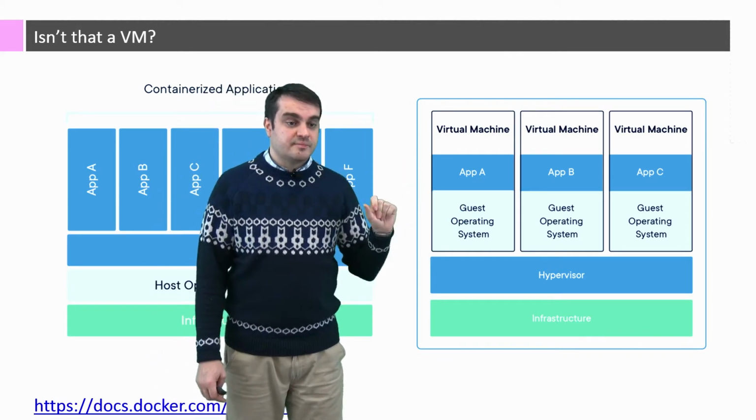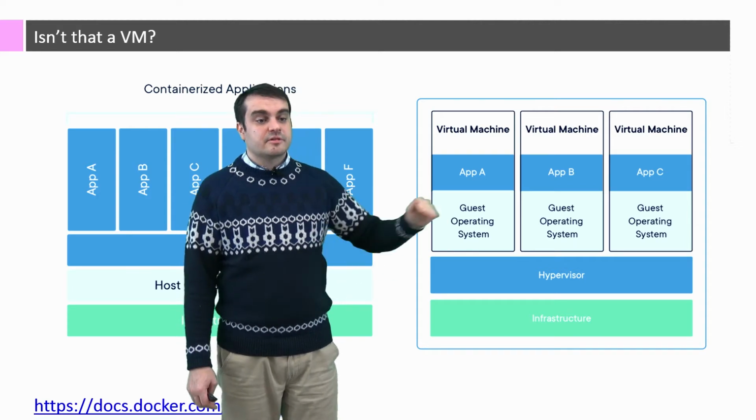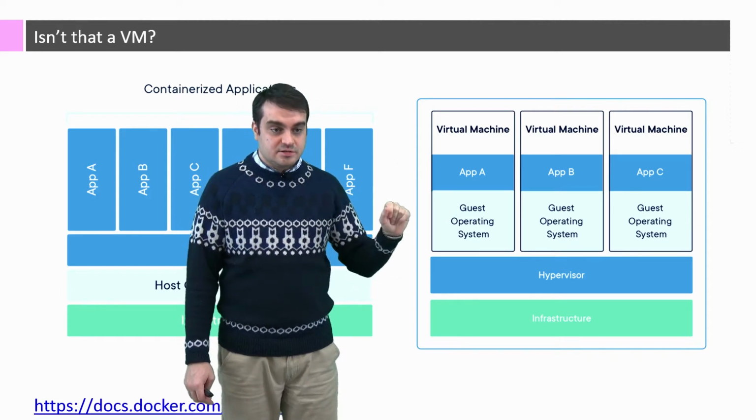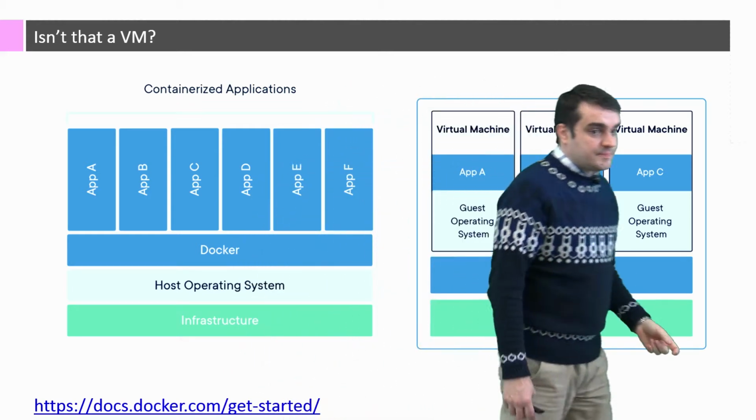So to run your first application, you have to spend some memory, some time in order for that operating system to start, and then you can start your application. Then for the second, for the third, and so on.